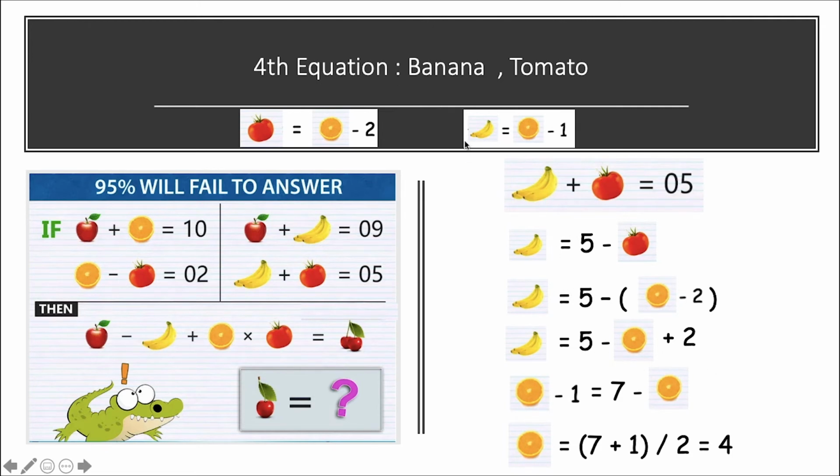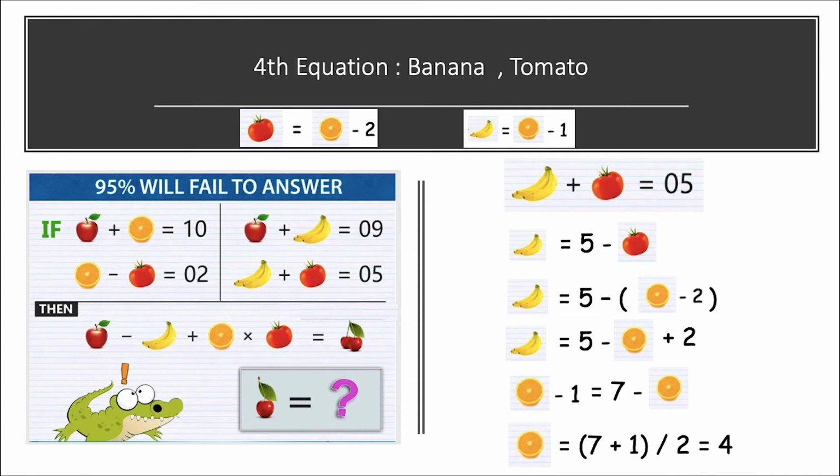Now we know 3 bananas is equal to orange minus 1. So I have written orange minus 1 in place of 3 bananas, which is equal to 5 plus 2, 7, 7 minus orange. On solving this equation, I'll get the value of orange, that is orange is equal to 7 plus 1 divided by 2, is equal to 8 by 2, is equal to 4.